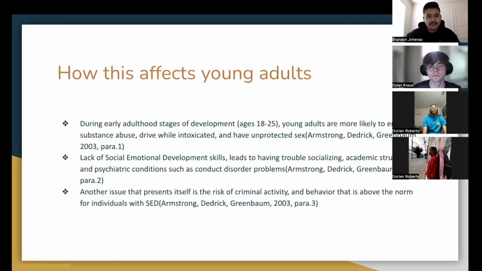Lack of social development skills leads to having trouble socializing, academic struggles, and psychiatric conditions such as conduct disorder problems. Another issue that presents itself is the risk of criminal activity and behavior that is above the norm for individuals with social emotional disorders or development, pardon me.